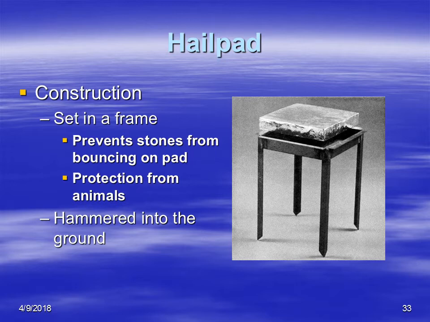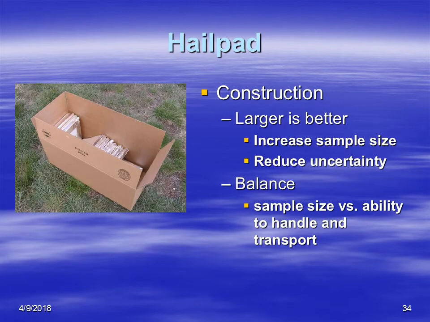And also a little bit higher, you don't want cows eating your hail pad, so we try and protect them from animals. I guess not so much cows, but the smaller critters that are close to the ground. And then these frames are hammered into the ground, and also the hail pads secured to them so they don't blow away.